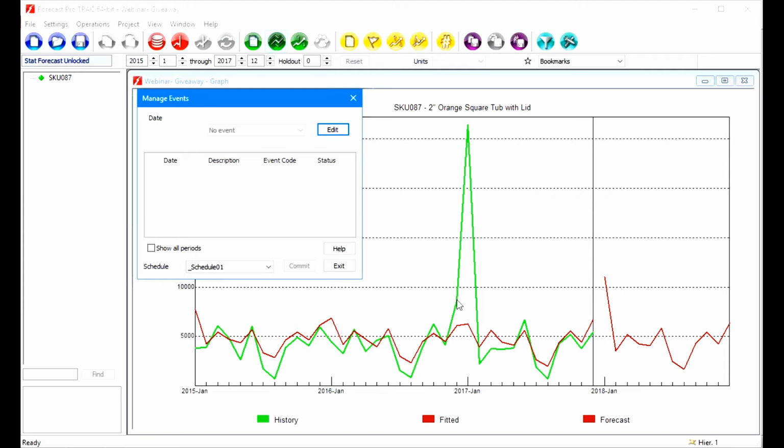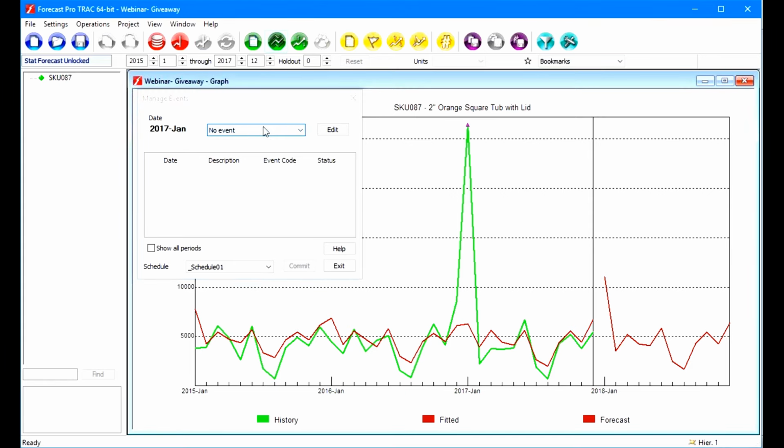So it makes sense that the December spike is much lower than the January. The promotion was not running for the whole month. So in this case, it makes sense to use two different event types for the December and the January time periods. So that is what we have done.